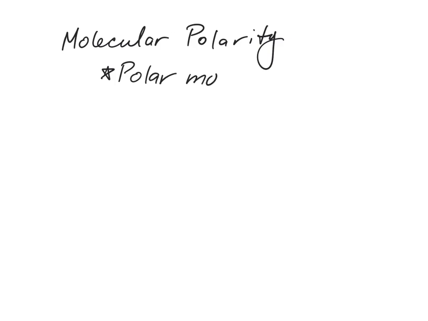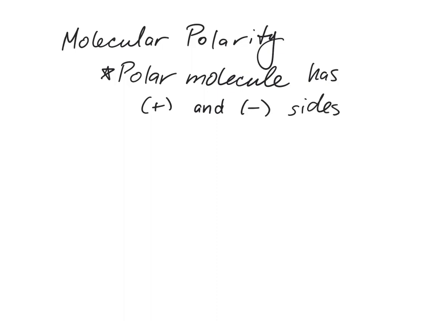Okay, so let's just take a few notes over the information I just covered. We are studying molecular polarity. What we want to do is know whether or not a molecule is polar or nonpolar. So a polar molecule has positive and negative sides.